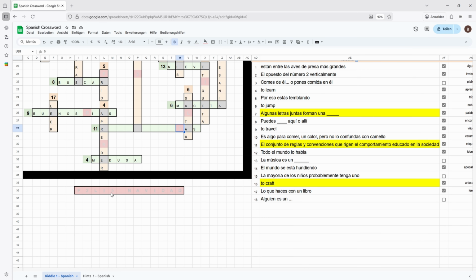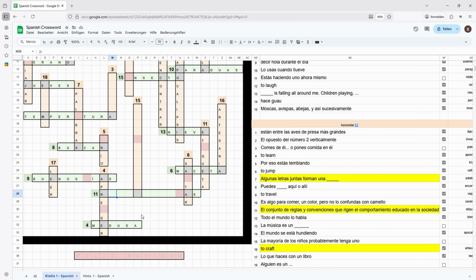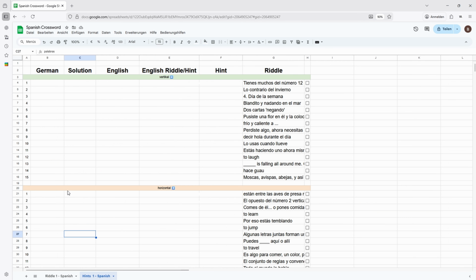That is also an S. Oh no, it's a set, not an S. What else? Let's take a hint. So we have 11. Oh, we go for the English one. Riddle. It is a riddle, but I don't know what a riddle is.